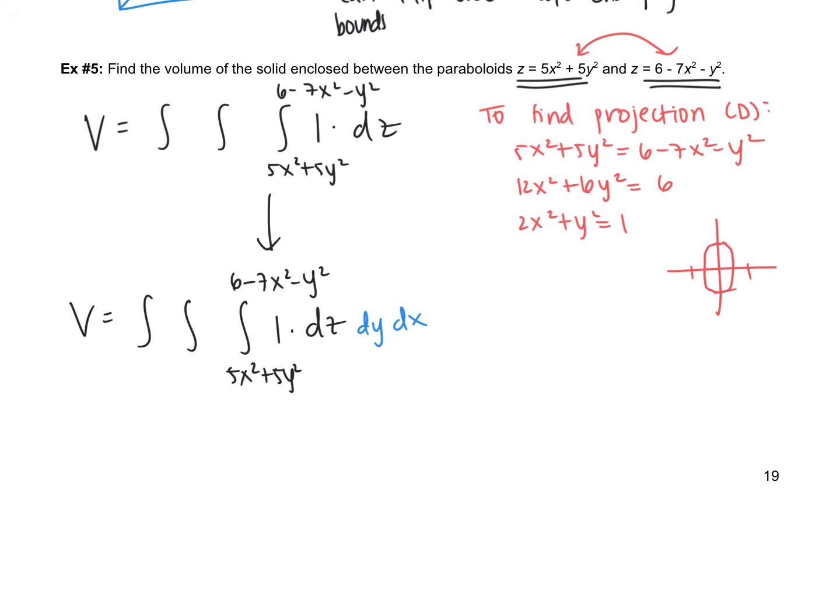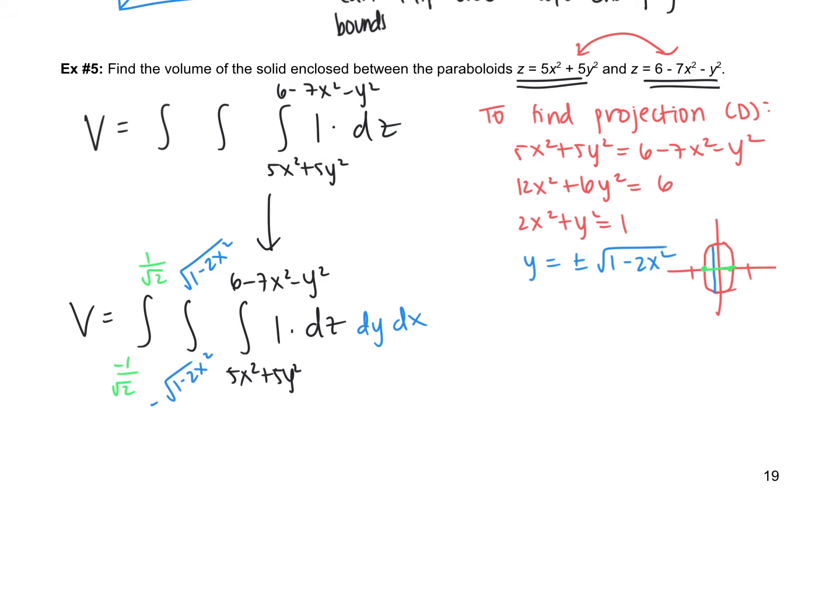If we solve for y, we're going to get plus or minus the square root of 1 minus 2x squared. So we're going from the bottom part of the ellipse to the top, from negative the square root of 1 minus 2x squared to positive the square root of 1 subtract 2x squared. Then for our limits for x, we're going from here to here, from negative 1 over root 2 to positive 1 over root 2.